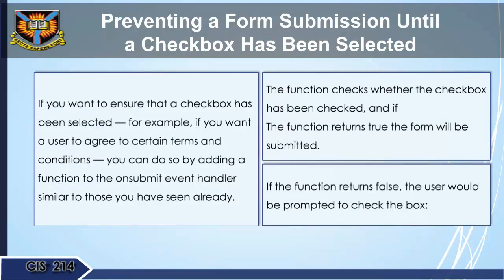Preventing a form submission until a checkbox has been selected. If you want to ensure that a checkbox has been selected, for example, if you want a user to agree to certain terms and conditions, you can do so by adding a function to the onSubmit event handler, similar to those you have seen already. The function checks whether the checkbox has been checked, and if the function returns true, the form will be submitted.